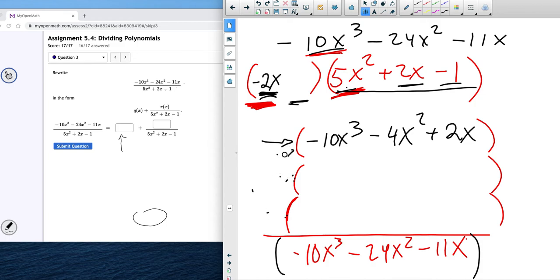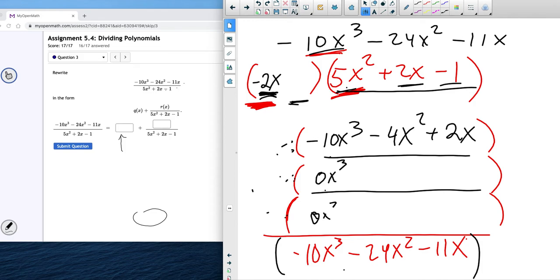So I'm going to take this first thing plus something here plus the bottom to get this. All right? Well, we already have 10x cubed, so I'm not going to put any x cubes here. I can just illustrate that with zeros or just leave it blank. I prefer to just leave it blank. But these two here are not going to provide any x cubes.